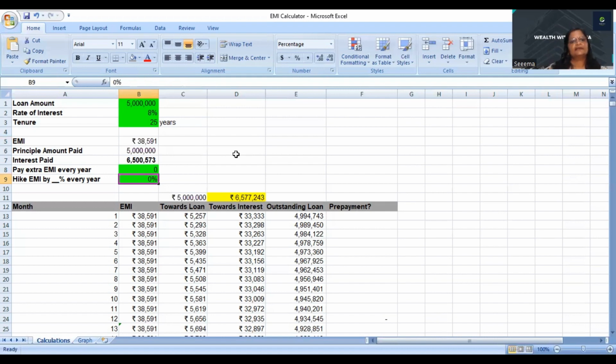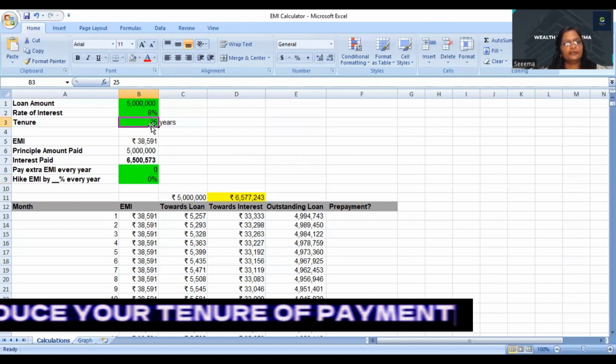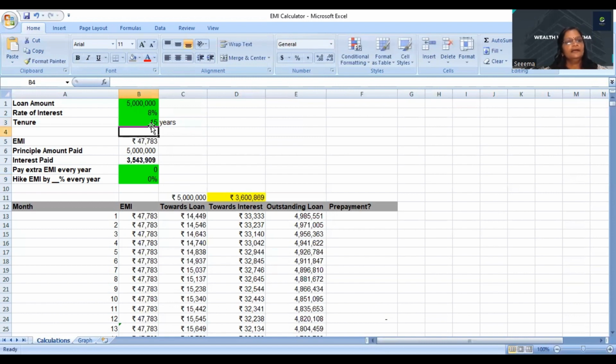So first and foremost, how can we reduce the interest? The first step I can suggest is to try to reduce your tenure. Let us see if I reduce this tenure to 15 years rather than 25 years. My EMI is increasing by just another 9,000 rupees, but you can see that my interest is drastically reduced by 30 lakhs.